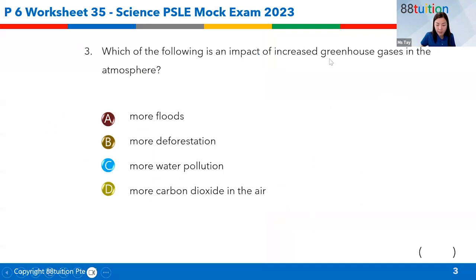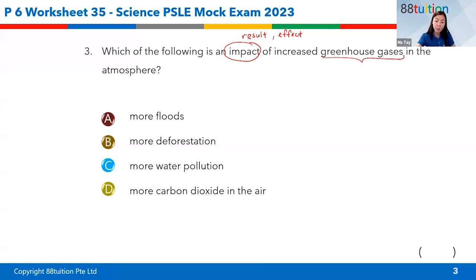Next one. Which of the following is an impact of increased greenhouse gases in the atmosphere? Impact. What's the meaning of impact? Tell me, what is the meaning of impact? The result. Okay, we can say result. All right, something like result. Yeah, effects. Okay, good. So you all know effect, right? So I am going to ask the next question. What's the meaning of greenhouse gases?